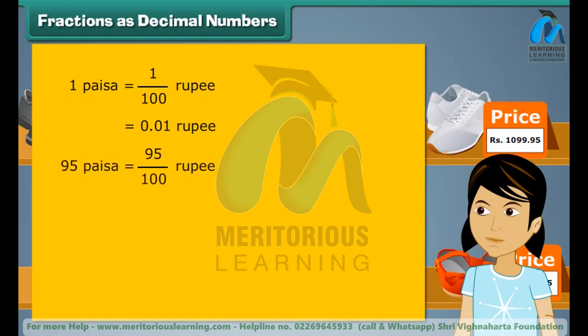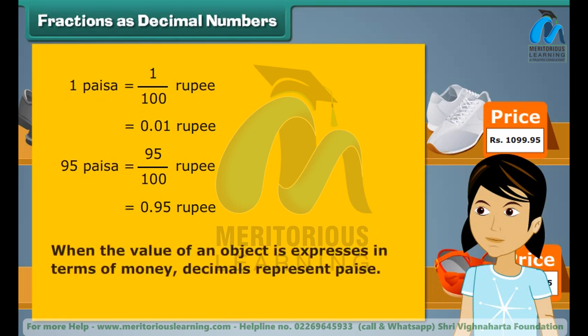Therefore, 95 paise form 95 by 100th of a rupee. We can express 95 paise as 0.95 rupee. Therefore, the decimals in the footwear prices stood for paise. When the value of an object is expressed in terms of money, decimal represents paise.